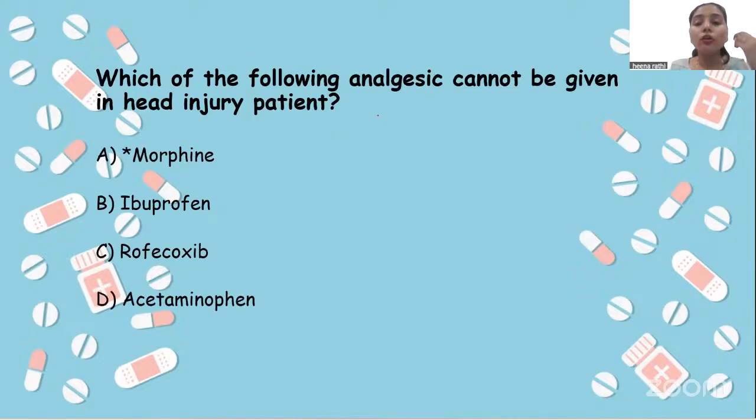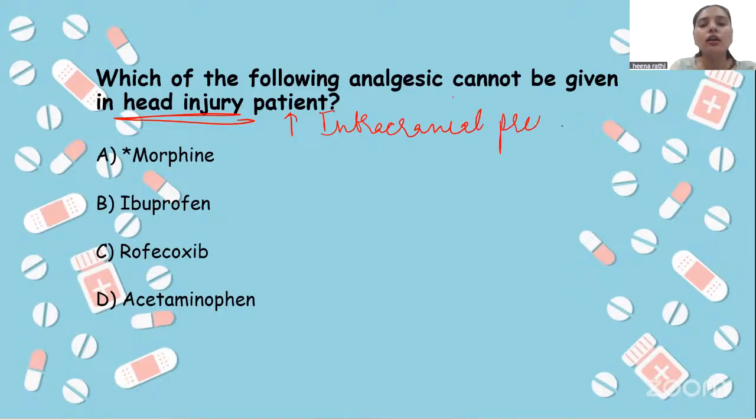Which of the following analgesics cannot be given in a head injury patient? In cases of head injury, there is an increase in intracranial pressure because of the increase in carbon dioxide in the brain. So in that case, which drug can we not give? We cannot give opioids.